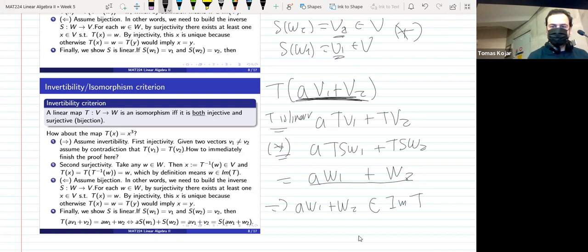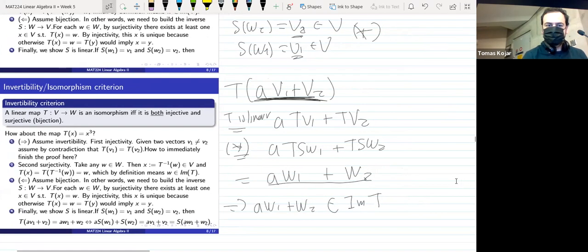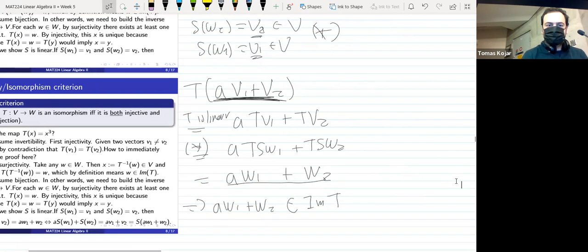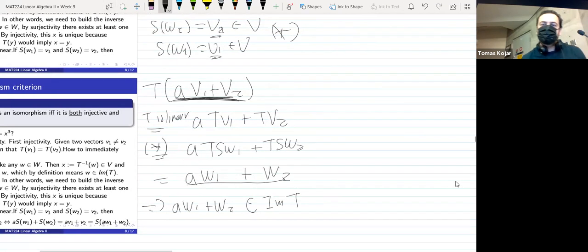So let's parse this out. Since it's in the image of T, you can do the following. You can evaluate, this is a very perverse argument, but that's what we have. So that means S can act on it.